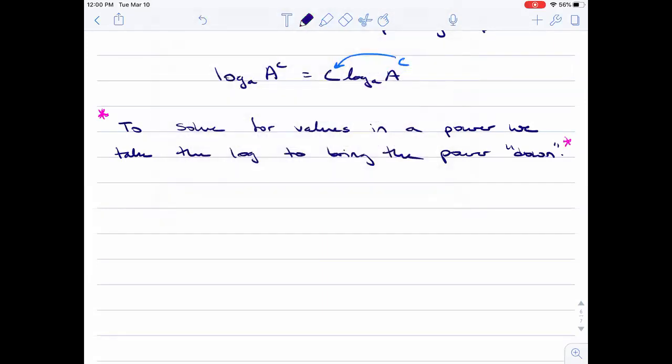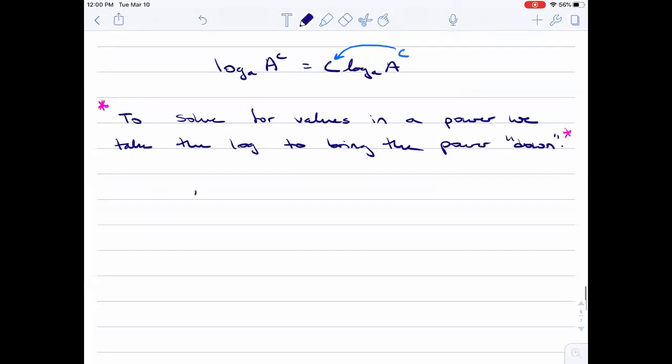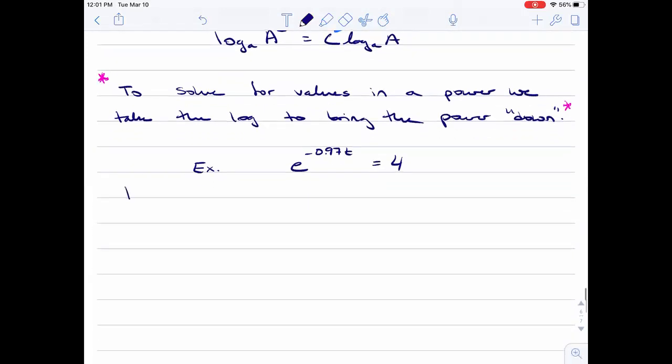Usually I end up using the same base as what I'm working with. So for example, if I have e to the negative 0.97t equals 4, to solve for t, we take the natural log of both sides.